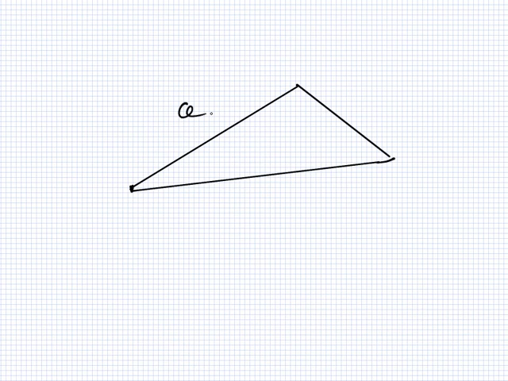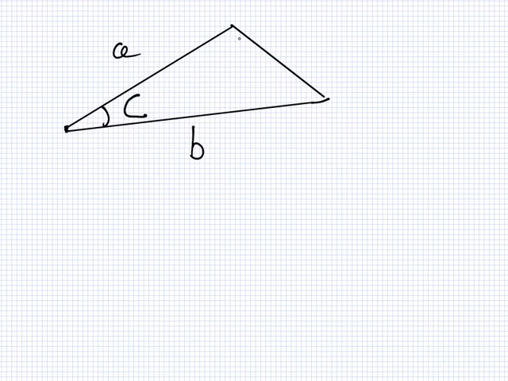Now, what do we do if we have no height? Instead, we have something that looks like this. We have two of the sides, and we have this angle here. This is more typical, I should say. So let's try and find a formula for this situation. I'll draw a line here, and I'll call this height h. I know that the area is a half the base by the height.